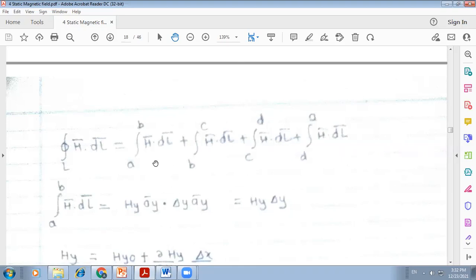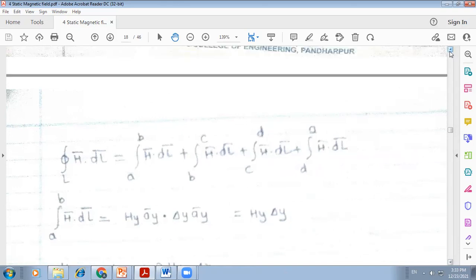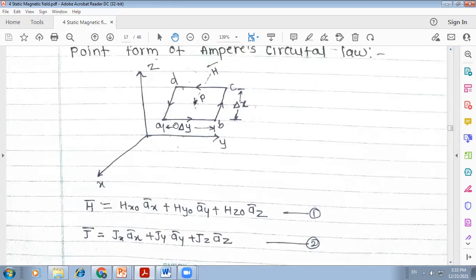We have to consider first path a to b. So for path a to b, we have to find h bar dot dl bar. Anyone tell me what will be the h bar for path a to b?